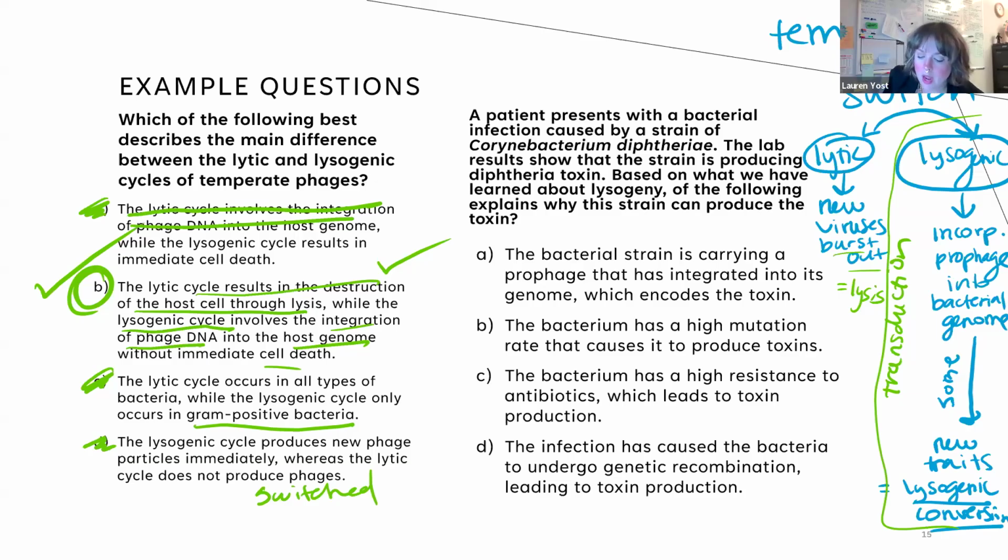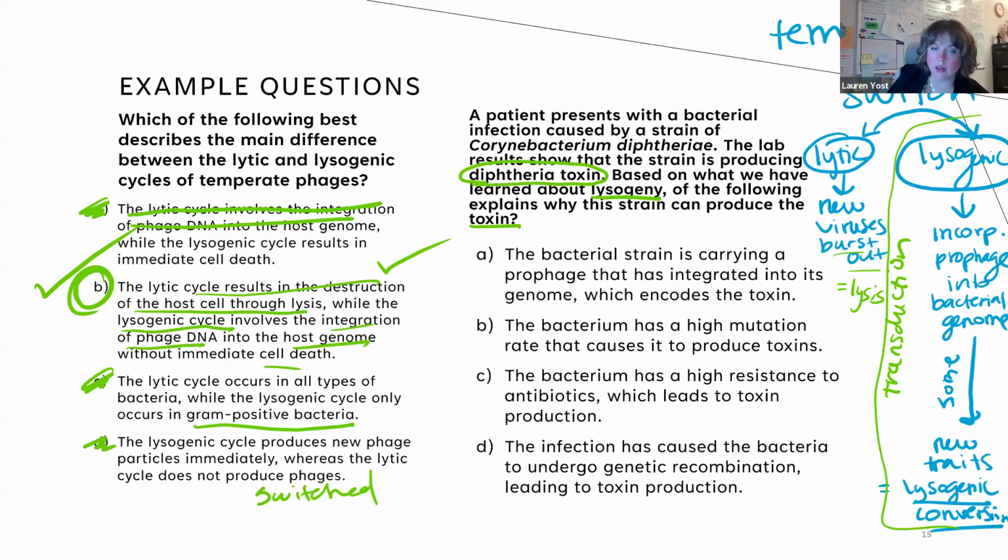Our next question. A patient presents with a bacterial infection caused by a strain of Corynebacterium diphtheriae. This is a bacteria. The lab results show that the strain, this bacteria, is producing a toxin called diphtheria toxin. Based on what we have learned about lysogeny, which of the following explains why this strain can produce the toxin?